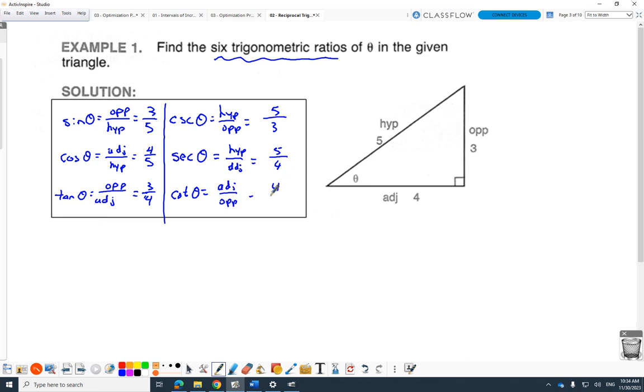I must tell you, my grade 12s, I don't think memorize these like this. They jump from here to there when they're doing cosecant. They just go, okay, well, if sine's 3/5, then cosecant's 5/3. I think that's the way most people handle it. You don't have to do it that way, but I'm just writing out the full definitions here in my example.